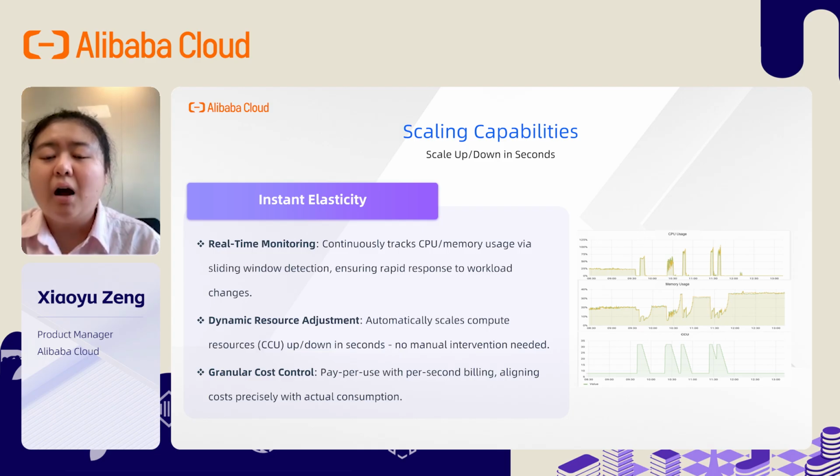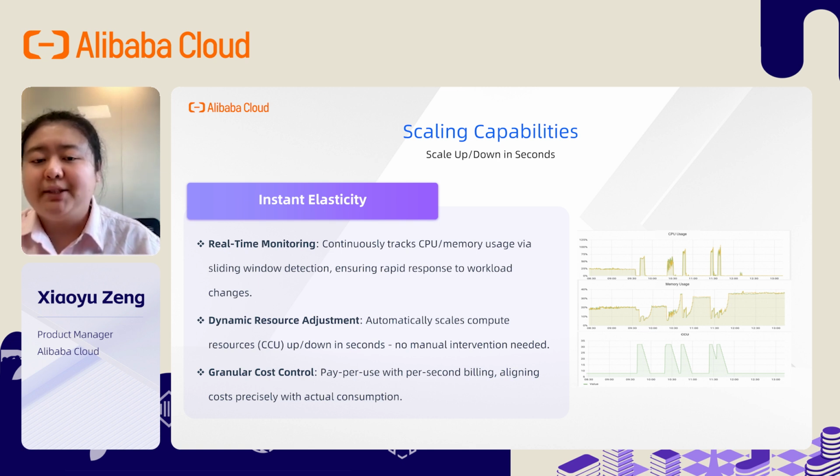So here is how our serverless capability works. The system continuously monitors CPU and memory usage through sliding window detection. When thresholds are breached, it automatically scales up or down within seconds. Whenever the scale happens, the billing will align immediately.